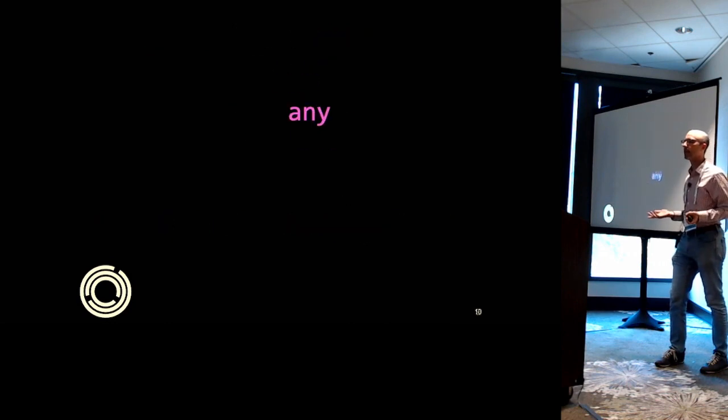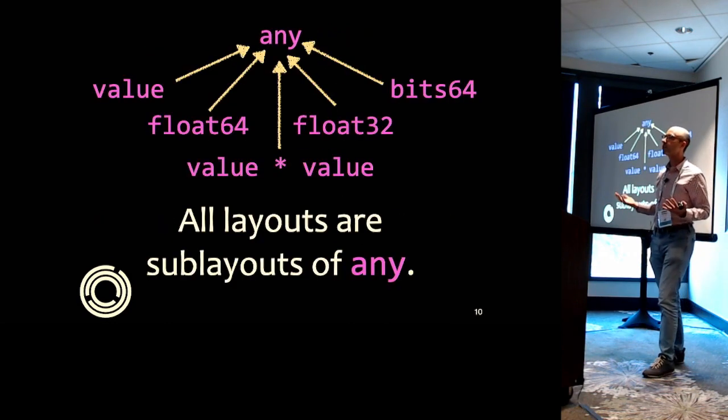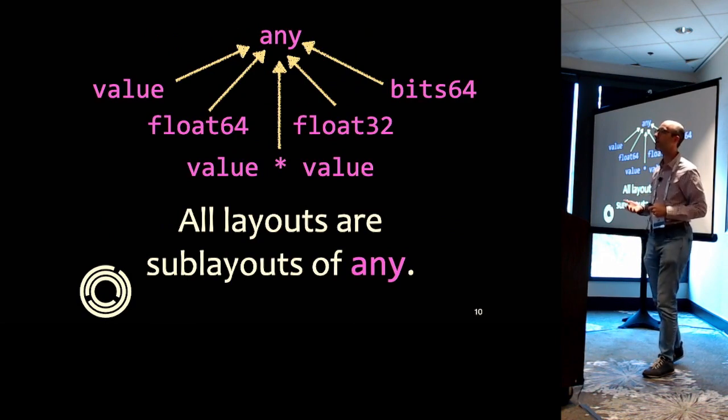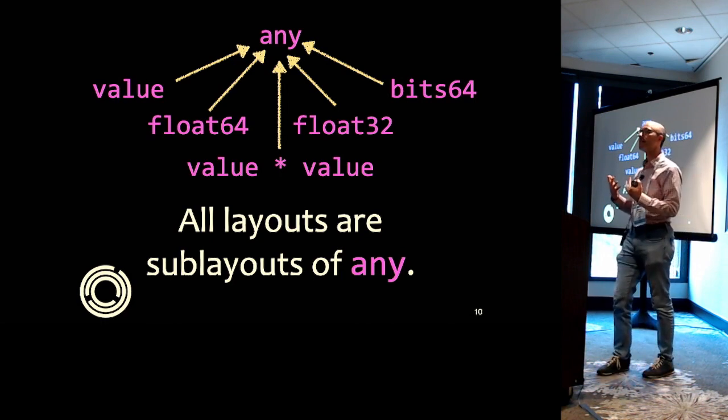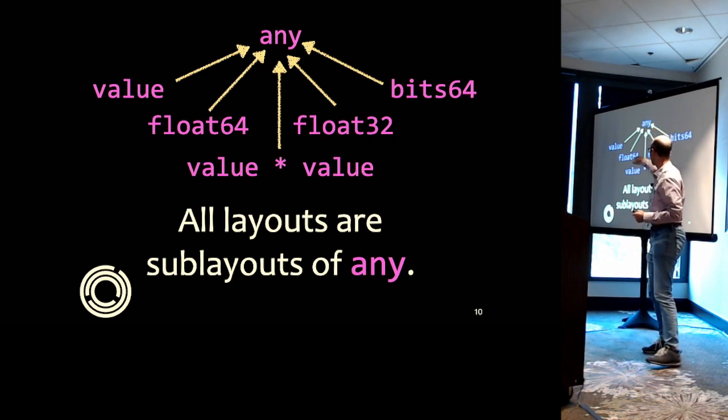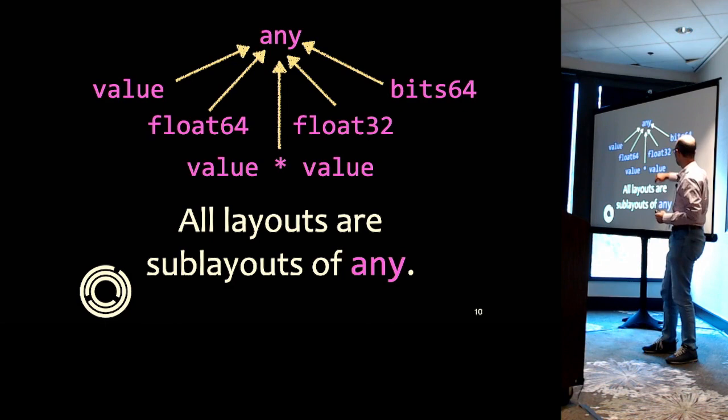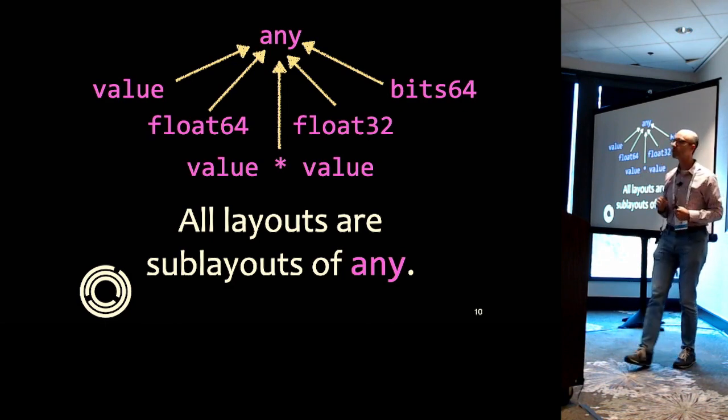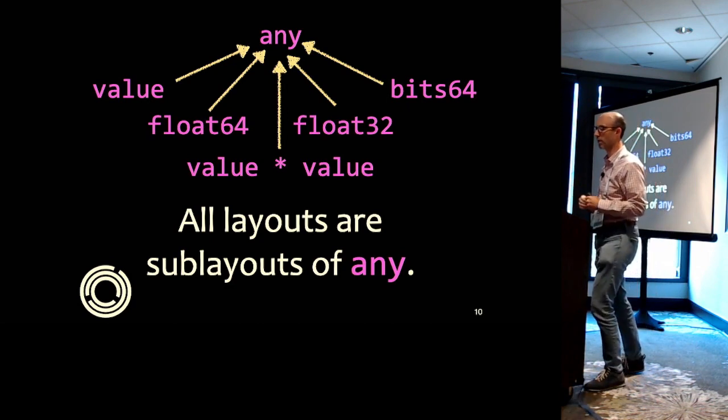Well, what is this any layout? It is a sort of super layout of all possible layouts. And so when I say that alpha can have any layout or beta can have any layout, it means that in that type of map, alpha can be a value type, these are all of the normal types that we've known in OCaml, but it can also be an unboxed float 64 or unboxed float 32. It can be an unboxed int 64. It can be one of these unboxed points that we saw toward the beginning, which is going to be a sort of product layout.